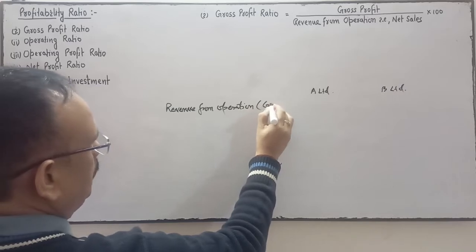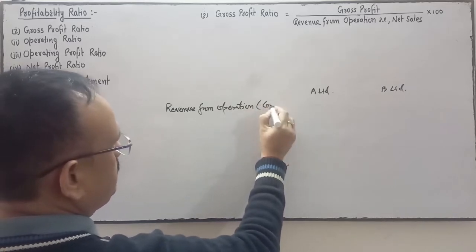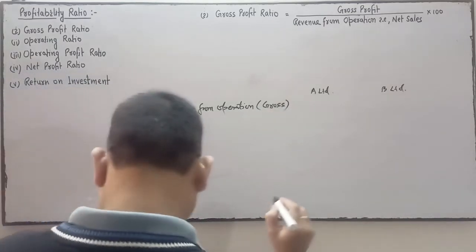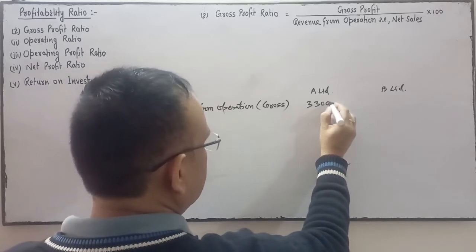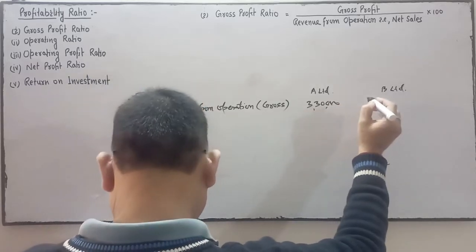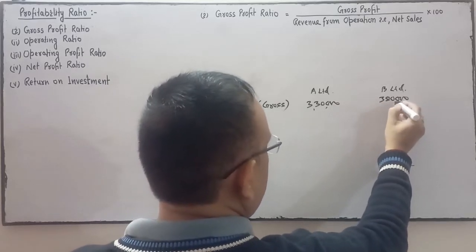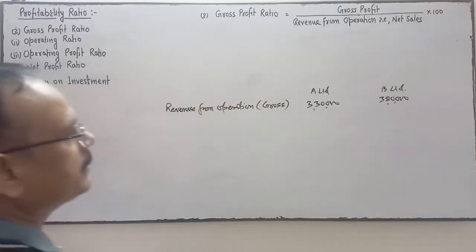Gross sales of company A Limited is 3 lakh 30 thousand and company B Limited is 3 lakh 80 thousand.